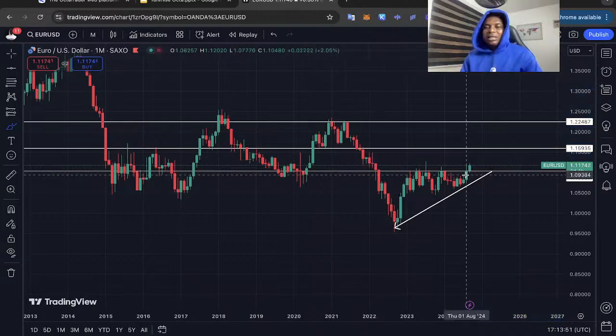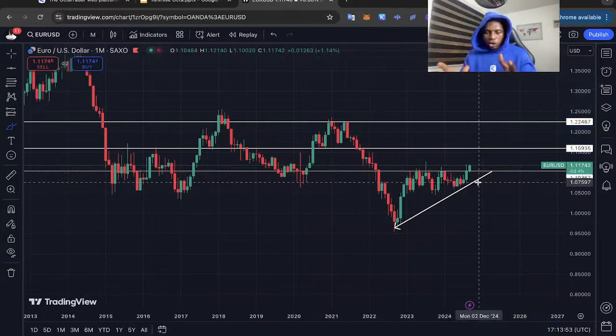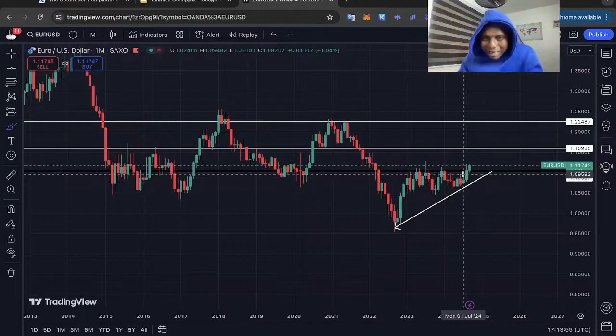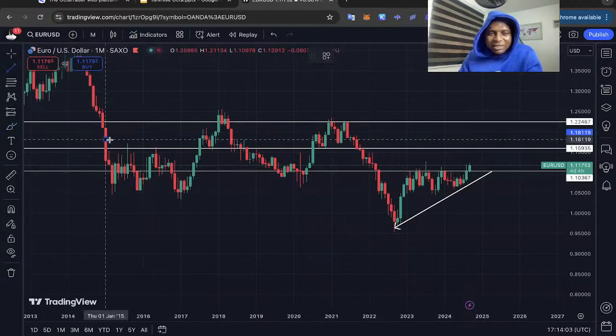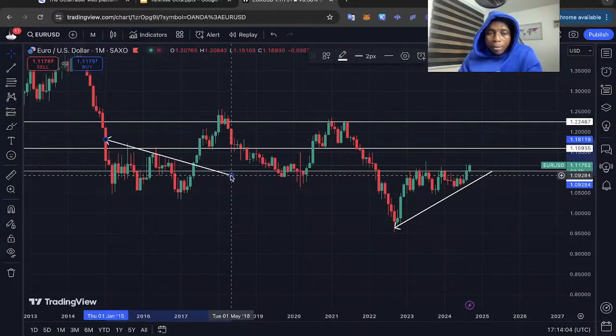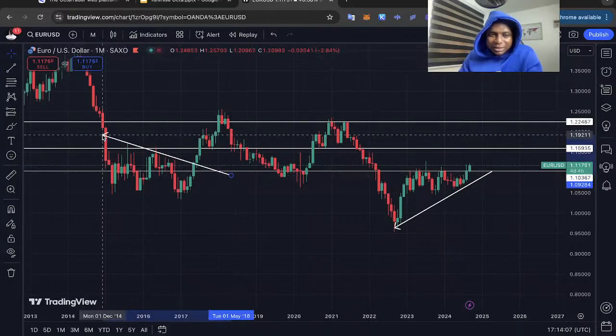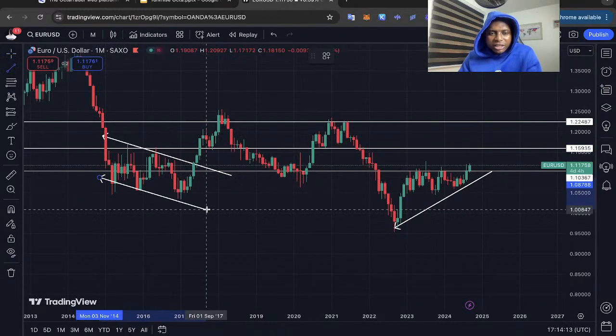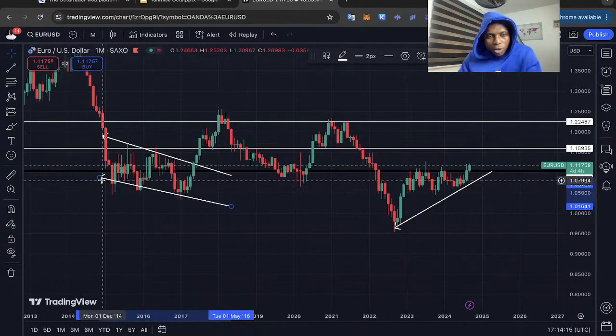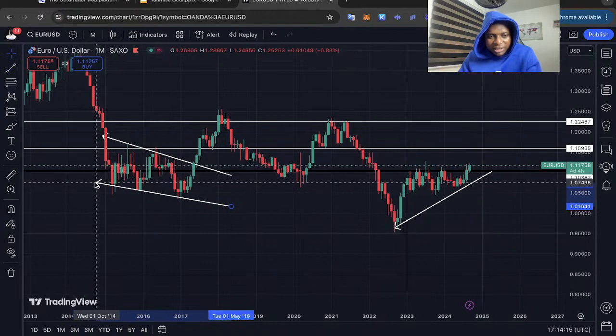Now, because the market direction has changed from this breakout that happened here, it's also important to take a clue from what we can see here, even though it's not similar in terms of chart pattern.